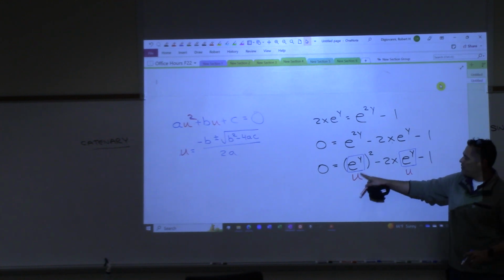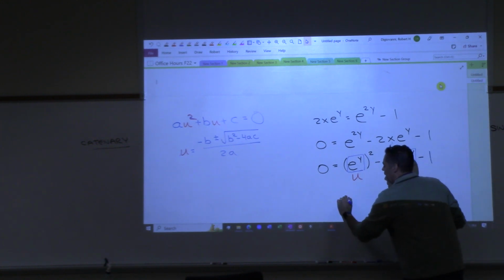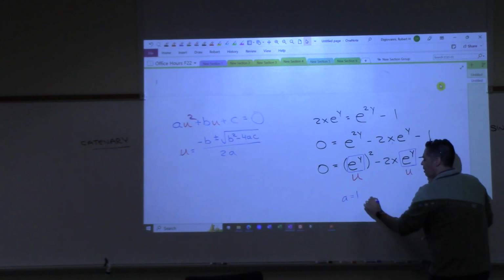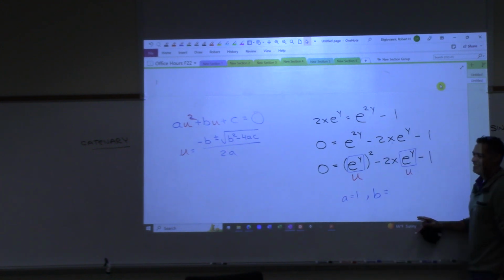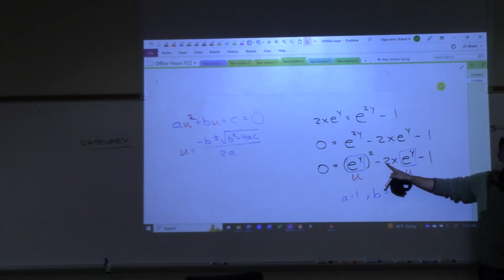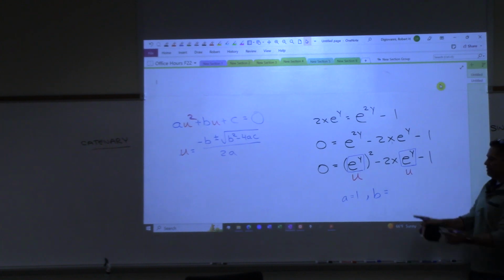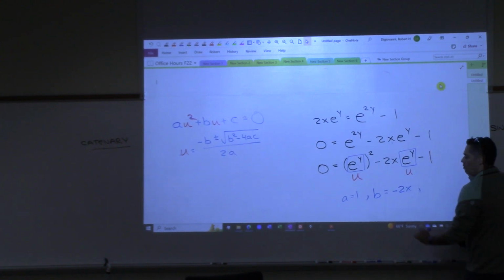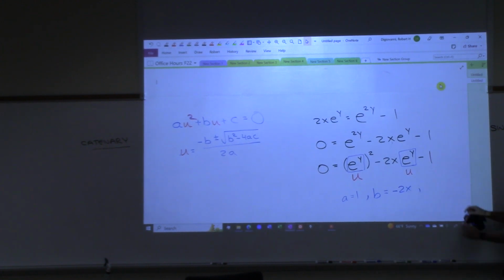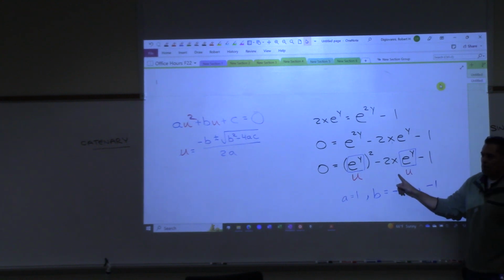What would the number in front of this be? 1. So here a would be 1. What would b be? Negative 2x, which is not a constant, it's a variable. Can you do that? Yes, you can. Negative 2x. What's c? Negative 1. See, I have a quadratic here.